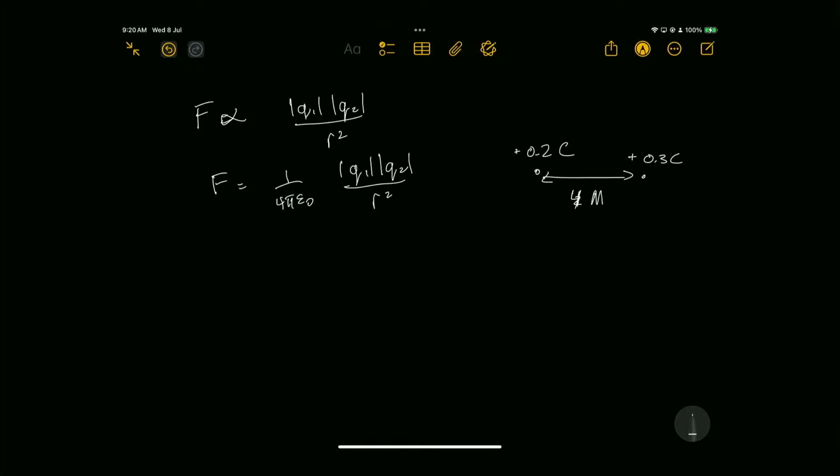And we have to find the force of repulsion between them, because these are both positive charges. We can just substitute into this, right? So 1 over 4 pi epsilon naught multiplied by 0.2 times 0.3 over 4 squared. So you need to remember the square. So this would be what value?